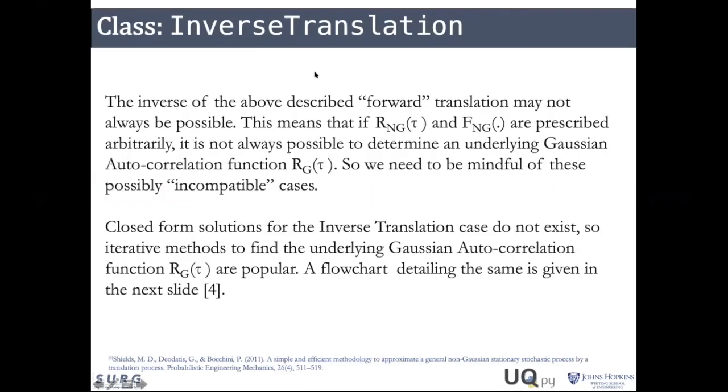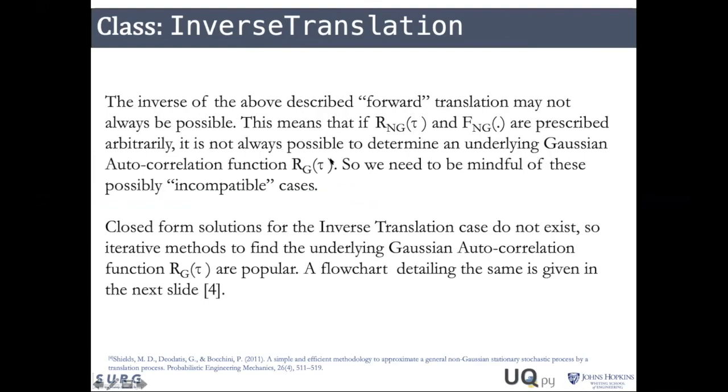Point to note here is that the inverse of the above described forward translation might not always be possible. The correlation distortion doesn't always allow you to find inverse correlation in the Gaussian realm, which after translation gives the required non-Gaussian correlation.